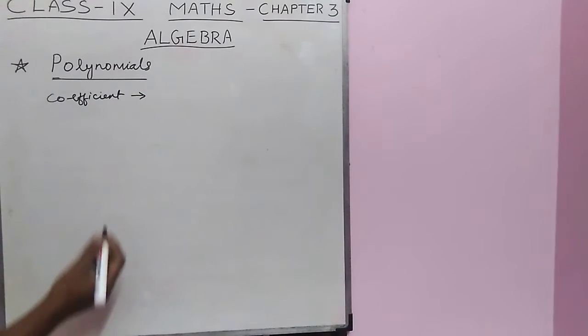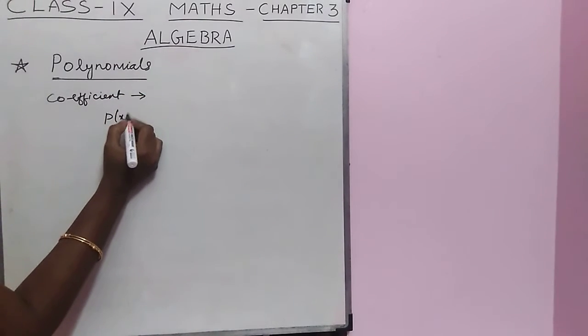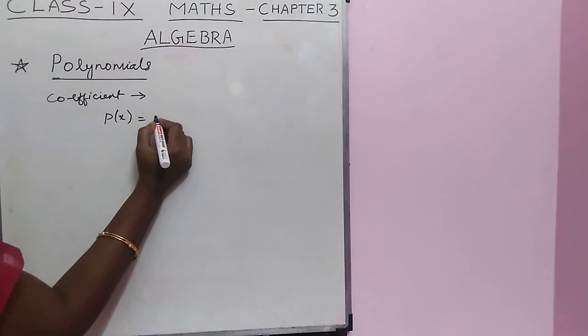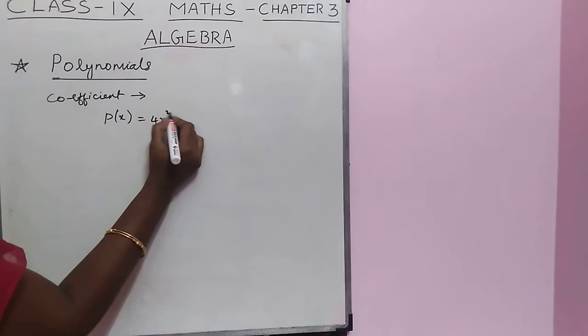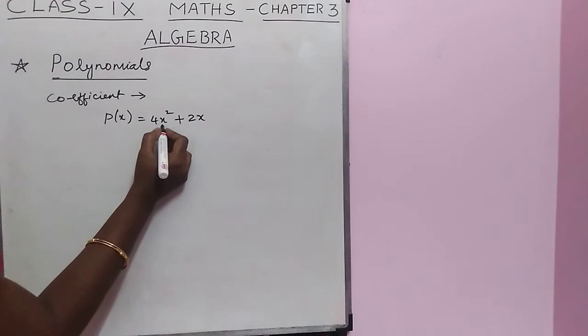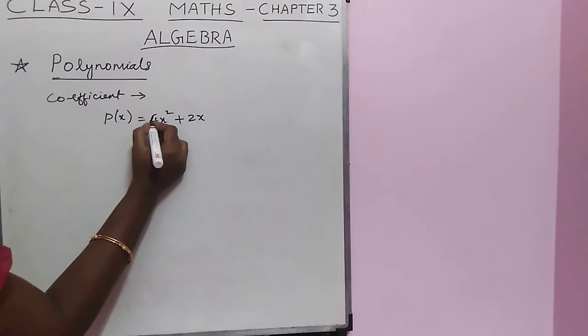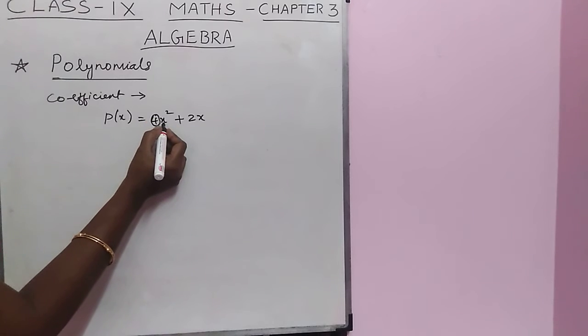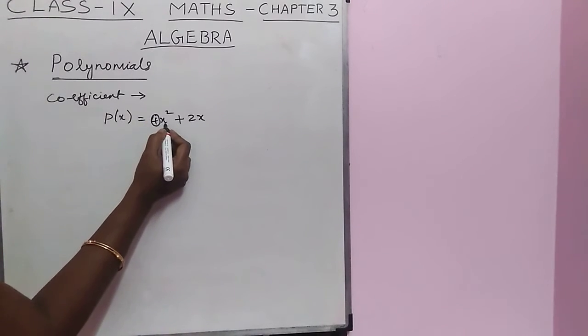For example, in p of x, 4x square plus 2x, the value near the x variable is called the coefficient of x.